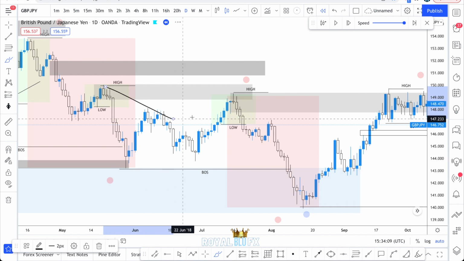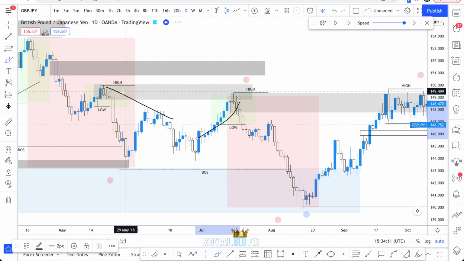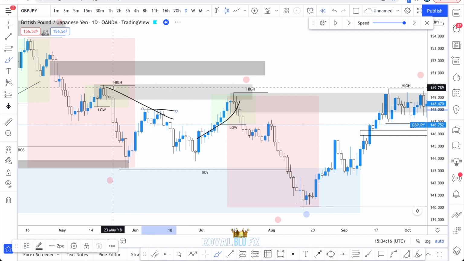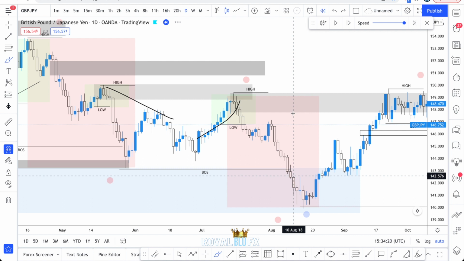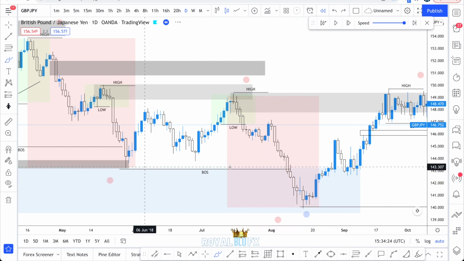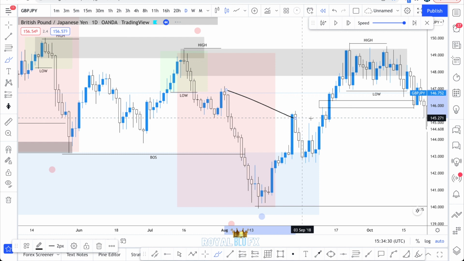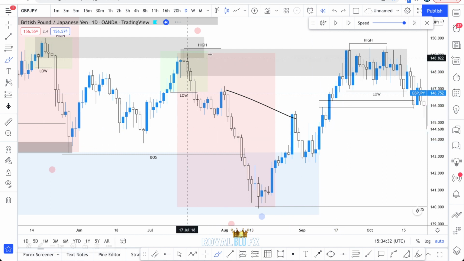You can see there's more liquidity here. Price retraced, came back, took out all this liquidity, took out more liquidity here, triple tops, and then mitigated this last area of supply before taking price further down. Price broke structure again. Then we see there's more liquidity here and here. Price took out that liquidity, mitigated this last area, and filled up all the imbalance.